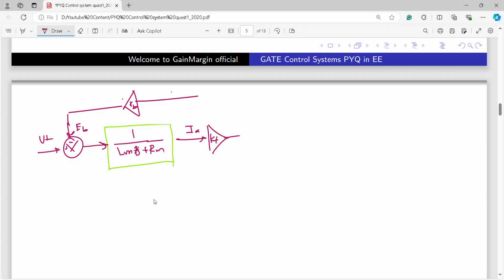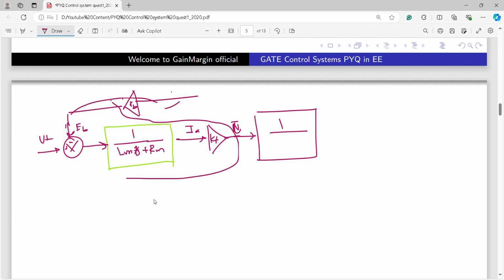Then again here we multiply by the torque constant Kt, in Newton meter per ampere. Finally we get the generated torque. Then we multiply again by 1 by (Jm s plus Bm). This is the mechanical part, and this is the electrical part.